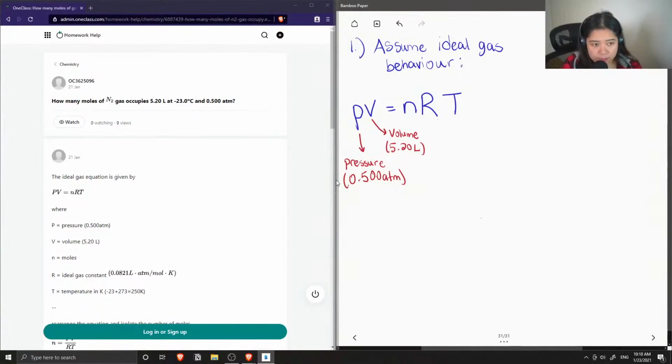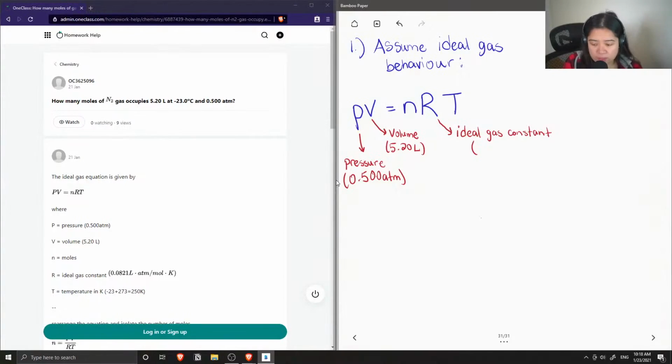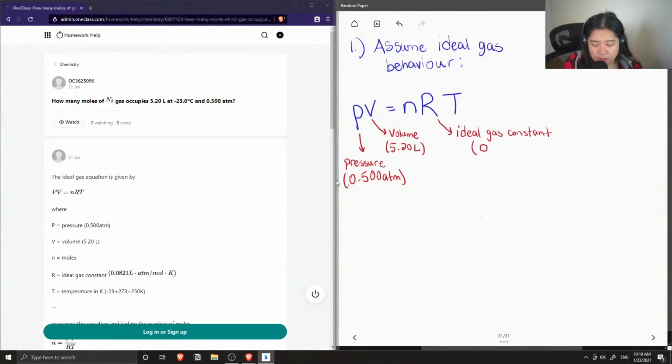But the R is known as the ideal gas constant. So depending on the units, R can have different values. But for this question, we're going to use the value 0.0821.